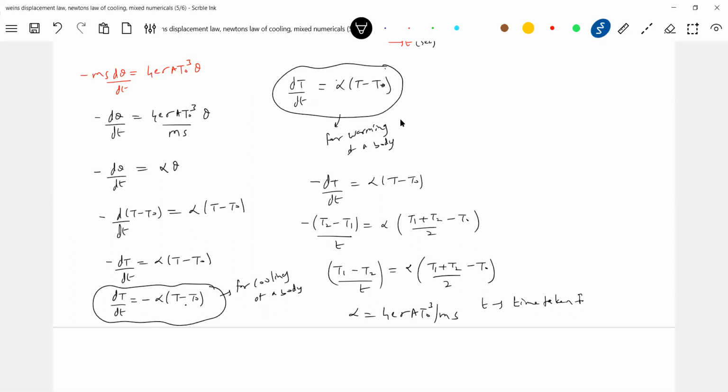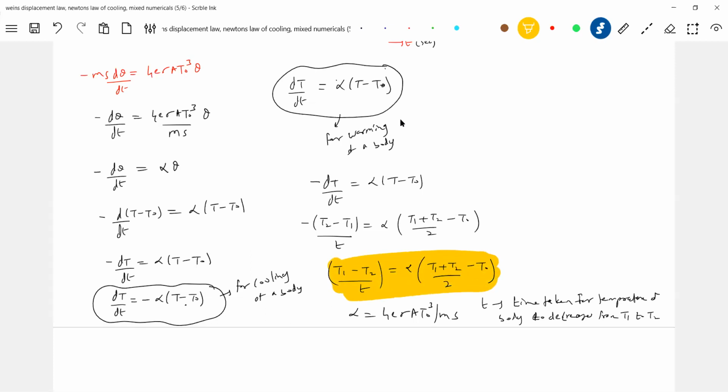Time taken for temperature of body to decrease from T1 to T2. I think it is very important that you remember the formula. Maximum numericals are related to this. If a body warms up, use this formula. If a body cools, use this formula.